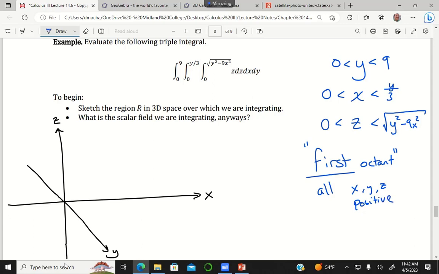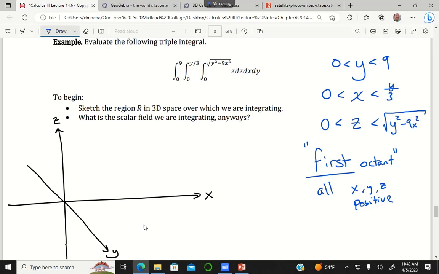And so I say that this whole solid is going to be in the first octant because y has to be greater than 0, x is greater than 0, and z is greater than 0 by looking at my lower bounds of my integrals. Okay, so all of this is happening in the first octant.